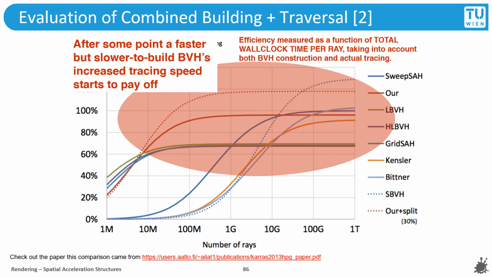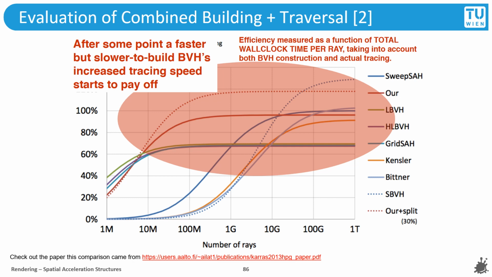On the other hand of the spectrum, where we are approaching a few billion or even trillion of rays that are being traced, it starts to actually pay off investing more time into the building process, because once we are tracing this many rays within the same BVH over and over, the better traversal time actually amortizes the overhead that you initially invested into generating it.